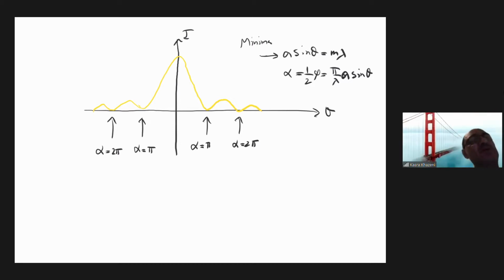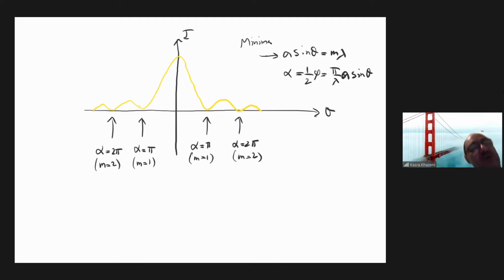So when m is equal to 1, this is m equal 1. M equals 2. When m is 1, a sine theta is just lambda. You plug it into alpha, and then you get pi. If you do the same thing for m of 2, you get 2 pi for alpha.